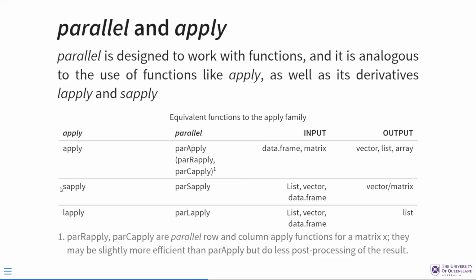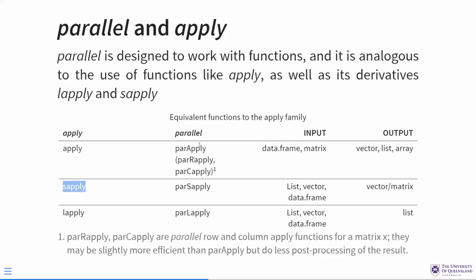In this presentation, we will use sapply because the output I want is a vector, not a list. I could use lapply, but it would require one more function to make it work. So just to simplify, I will use sapply. There are special versions of parApply.